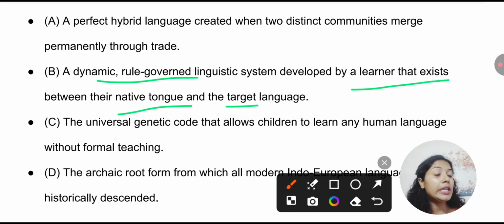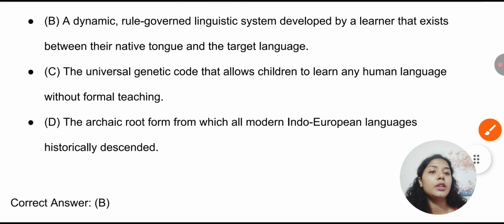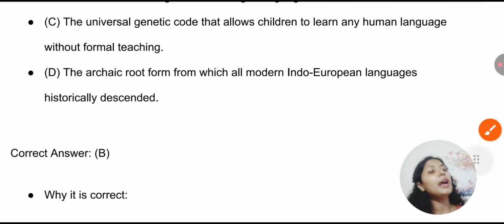Remember, it is the language that exists between the target and the native language. Say we speak Hindi and we want to learn English or French, German, Spanish, Korean, Japanese, Chinese. That is our target language, and that is the concept of interlanguage in second language acquisition.